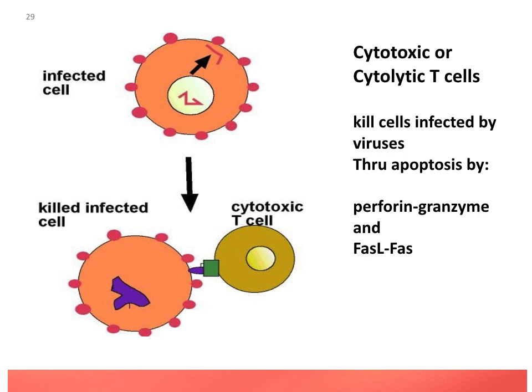The adaptive immune response, which is cell-mediated, also involves a variety of subsets of what we call T helper cells. And the T helper cells have many functions depending on the type of cytokine that they produce.